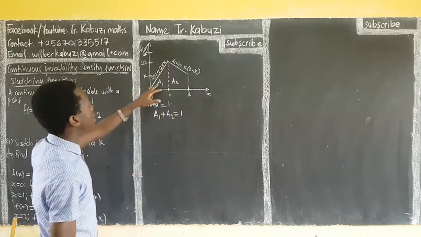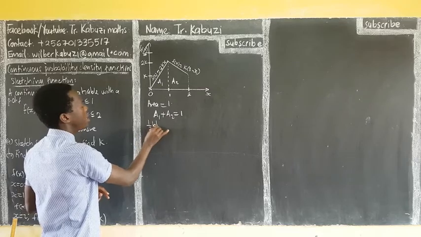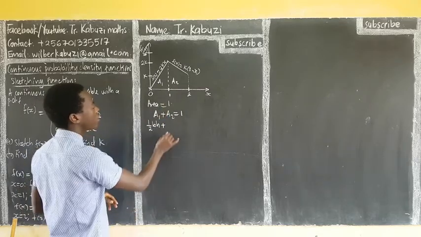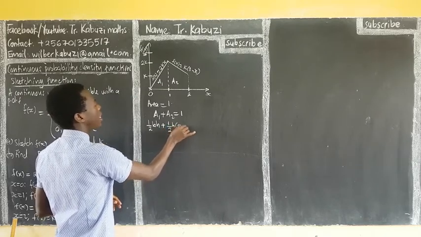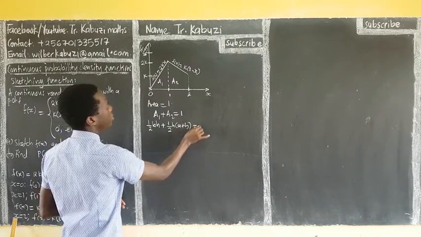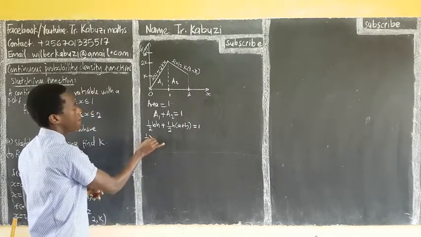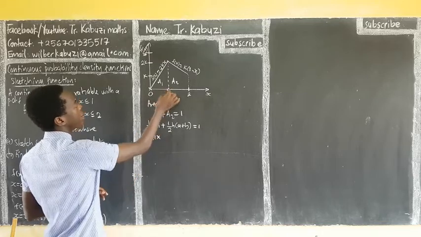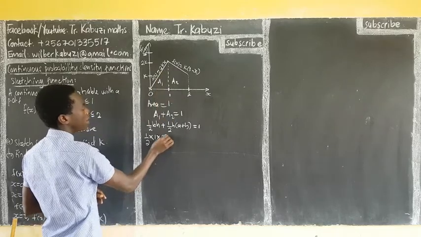Now this one is a triangle, so I'll get half base times height. Then this area is for a trapezium, so I'm going to get half H into A plus B, equaling 1. So a half times the base from here up to here, that is 1, then the height from here up to here, that is 2k.